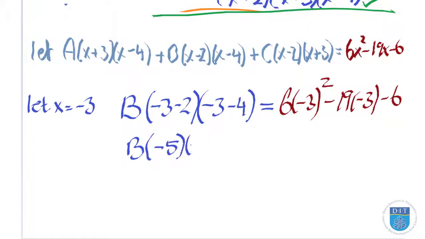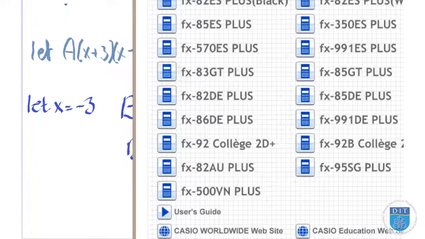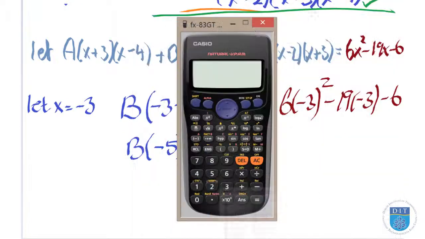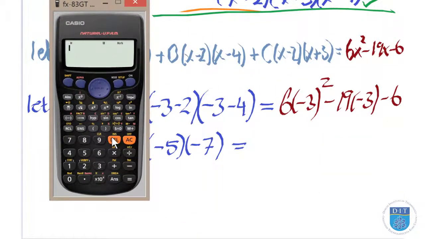Minus 5 by minus 7 equals, right, so I need the calculator for that. 2 seconds, sorry, I'll bring up the calculator here now. Right, there I go. So I want 6 bracket minus 3 squared, it's going a bit slow here for some reason, minus 19 bracket minus 3 bracket minus 6.